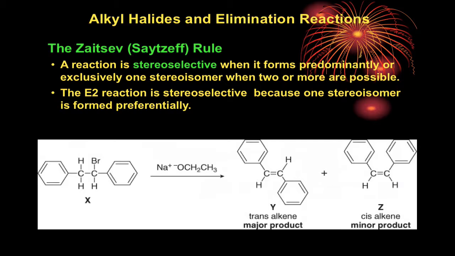And so we would say that this reaction is stereoselective. Starting from this, we get predominantly one stereoisomer, in this case the trans. When you have a reaction that predominantly gives you one stereoisomer over the other, we say that those reactions are stereoselective, okay?